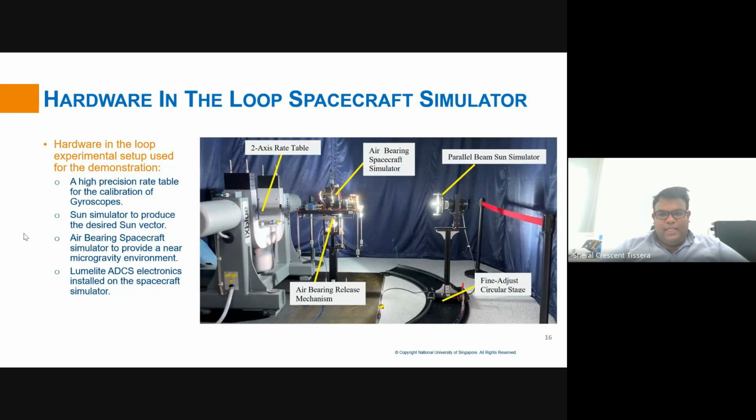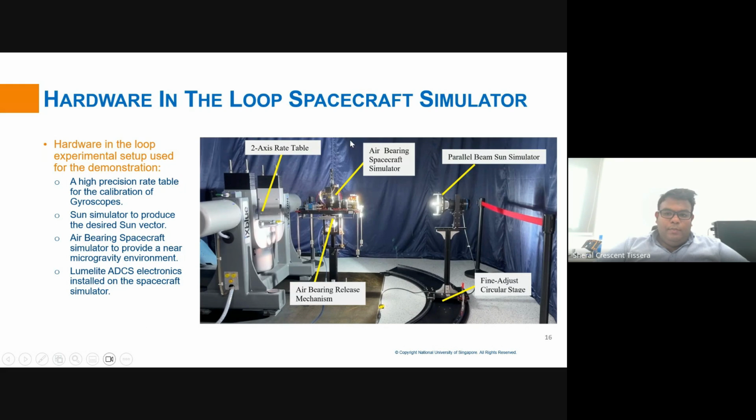Now, for the experimental setup, for attitude control, we have developed a hardware-in-the-loop spacecraft simulator consisting of an air-bearing spacecraft simulator, a 2-axis rate table for the calibration of gyroscope, a sun simulator to produce a parallel beam to simulate the sun at an output of about 1400 watt per square meter, and it is installed on a stage where we have the ability to change the direction of this parallel beam coming out of the sun simulator.